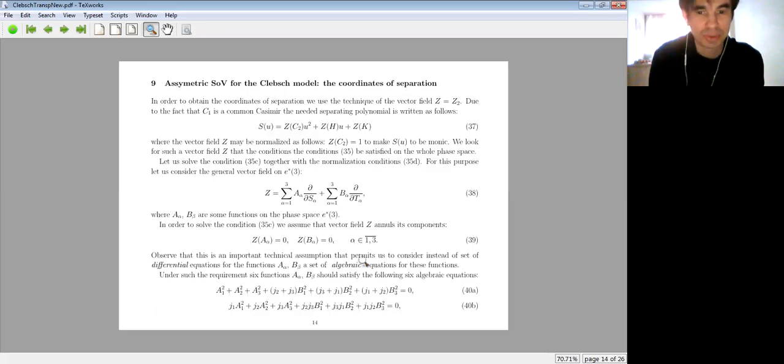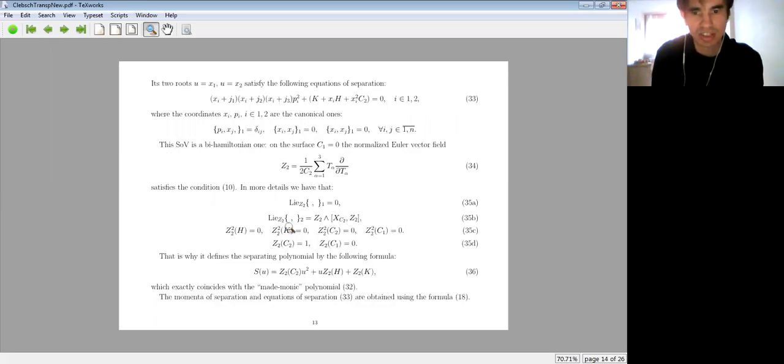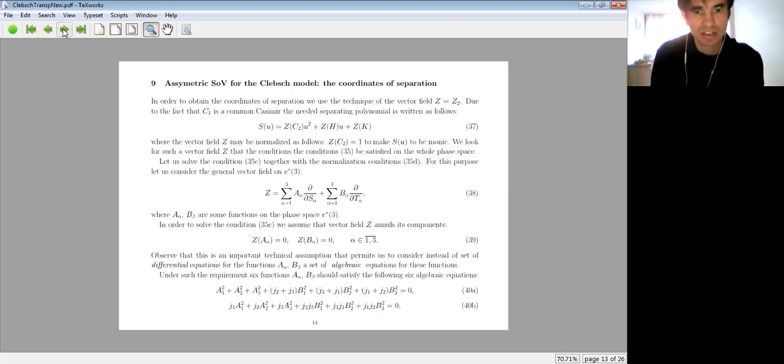It annuls its own component, so it satisfies condition 39. In other words, this specific requirement transforms differential equations 35C simply to algebraic equations.